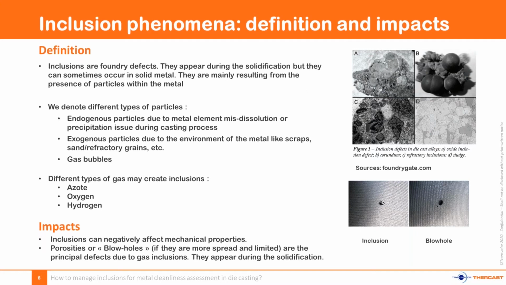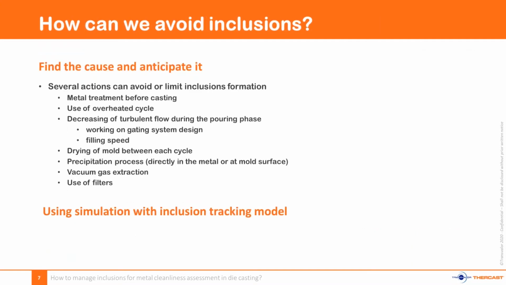On the right side of the slide, you can see some representations of different kinds of inclusions, and also what the different roots of these inclusions are. By a misnomer, I will call them particles or inclusions interchangeably in the rest of the speech, just to go faster.